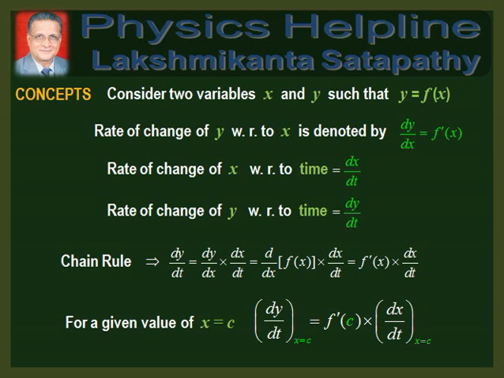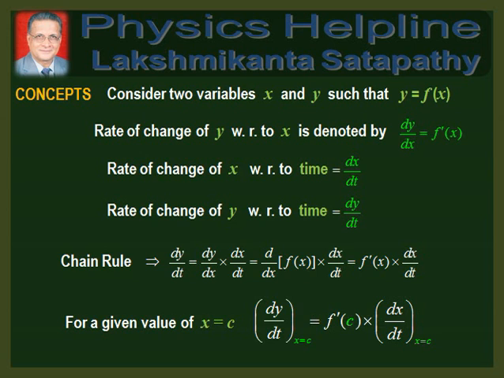By the chain rule of differentiation, we have dy by dt is equal to dy by dx into dx by dt. Putting y is equal to f(x), we get dy by dt is equal to d by dx of f(x) into dx by dt.